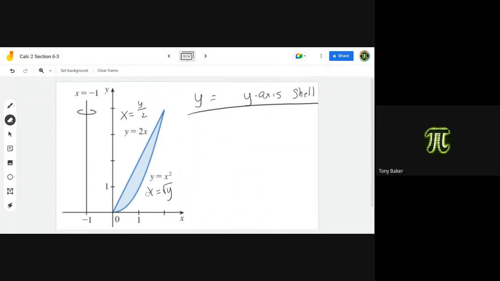All right. So I've got this set up basically so you can do either method you want. The one thing you do need in either method you're going to use is your radius, which is 1 plus this side.